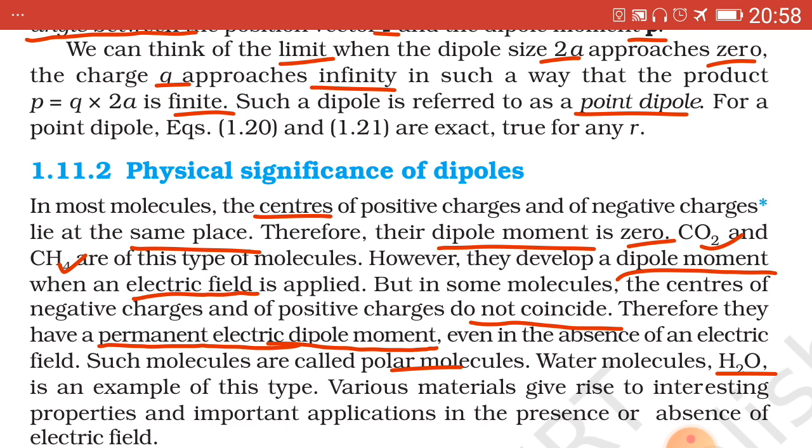Even though the electric field is absent, they have a permanent electric dipole moment, and such molecules are called polar molecules. Example, H2O. Now next topic.